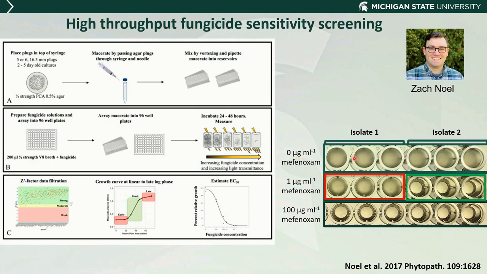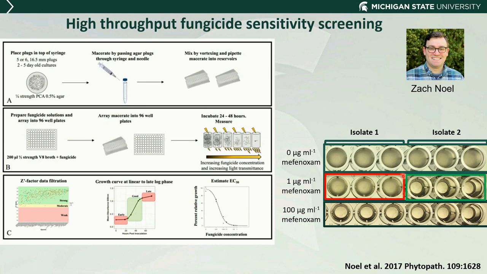Whereas when we have higher concentrations of the fungicide, if the isolate's insensitive, we'll have far less growth. We can use that information then to go through and determine an EC50, which means the effective concentration at which 50% of growth is inhibited. And that's typically the gold standard for looking at fungicide insensitivity or sensitivity.